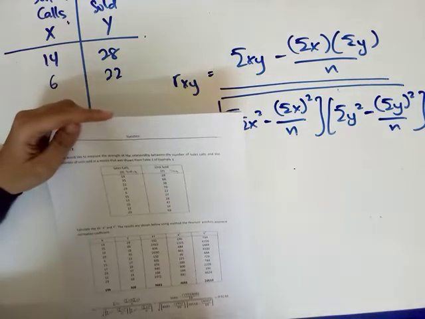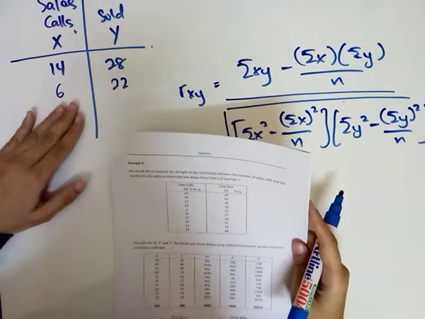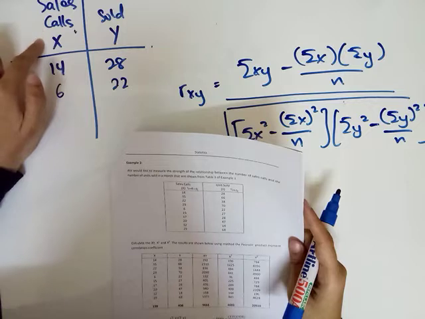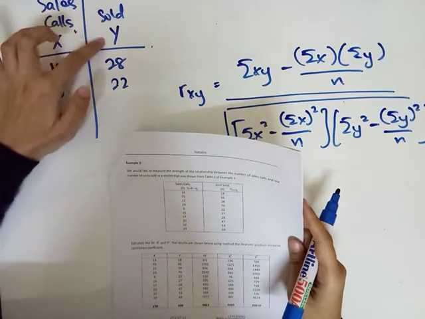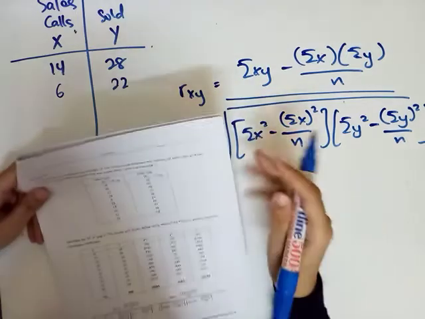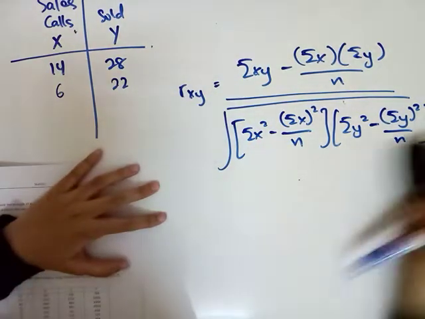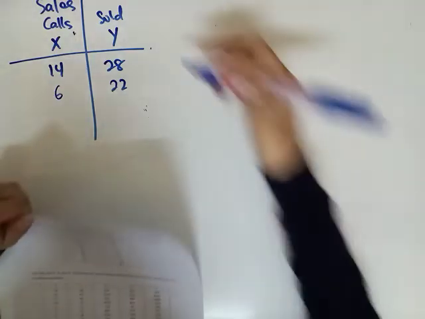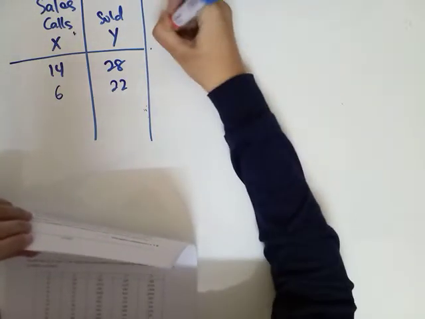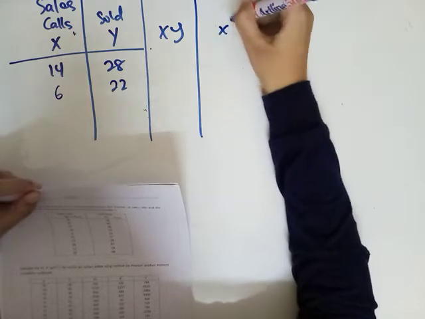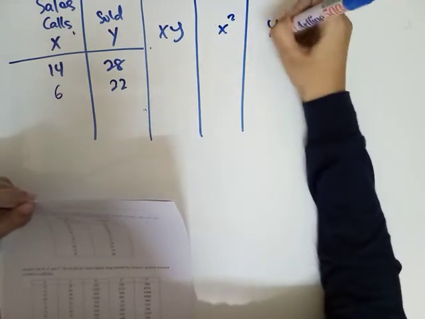Example 2 is from example 1, sales calls and units sold. We know that sales call is X, units sold is Y. Then you need to calculate XY, X square, and Y square.